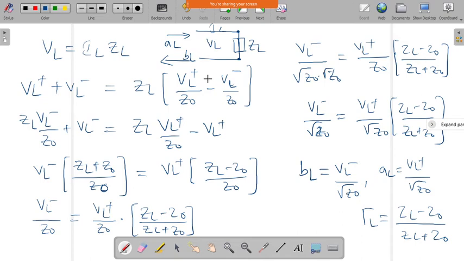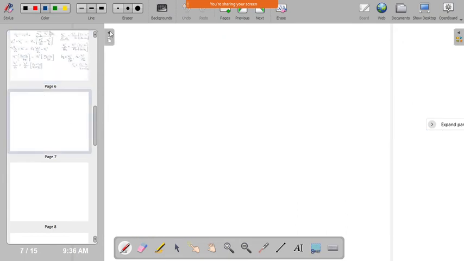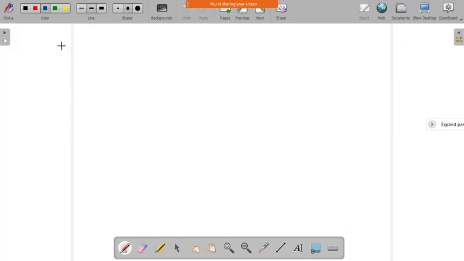In terms of the nodes, we have the AL node, and there is gamma L which flows to the BL node. This is the reflected one at the load side.